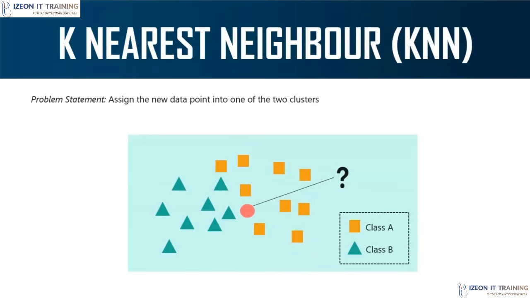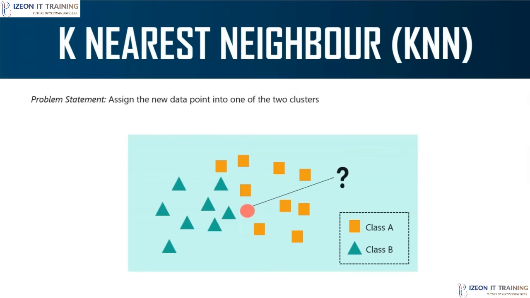Now, in this image, we have two classes of data, right? We have class A, which is squares, and class B, which are triangles. Now, the problem statement is to assign the new input data point to one of the two classes by using the KNN algorithm. So, the first step in the KNN algorithm is to define the value of K. But what does the K in the KNN algorithm stand for?